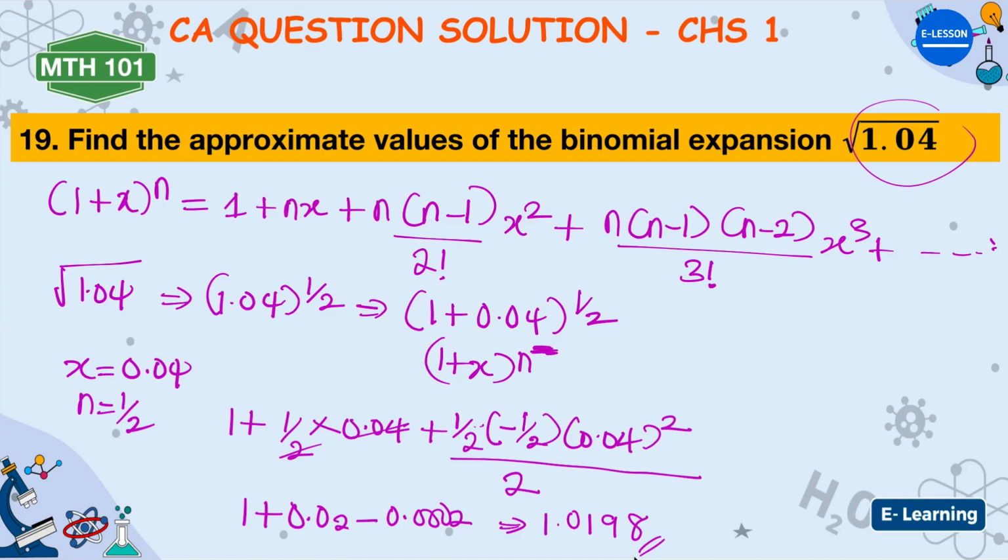Is that okay? That is how to go about a question of this nature. Now, if you meet this question in the exam and you begin to solve all this, you are wasting your time. Just press square root of 1.04 to give you the answer, 1.0198 directly. But since they say use binomial expansion, you should use this formula to get your answer.